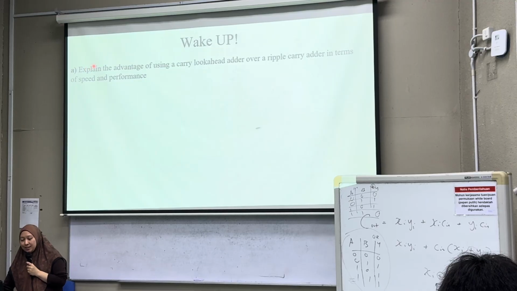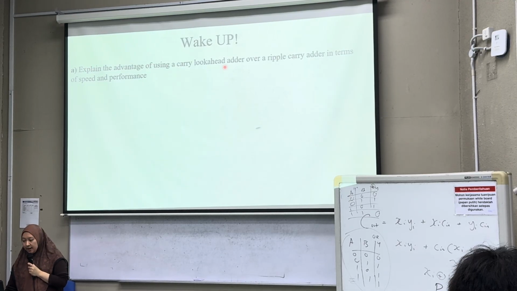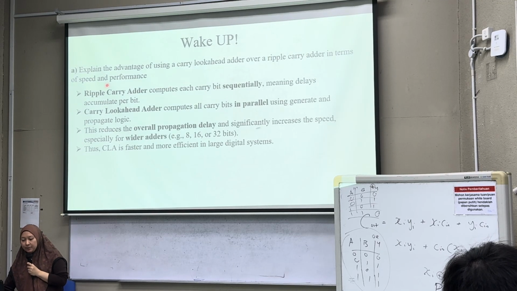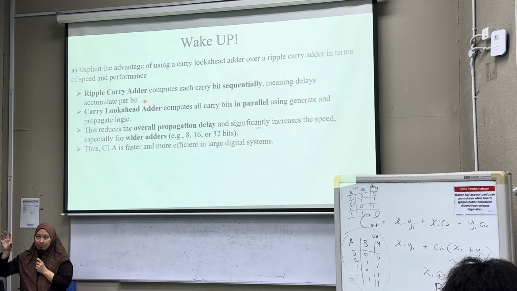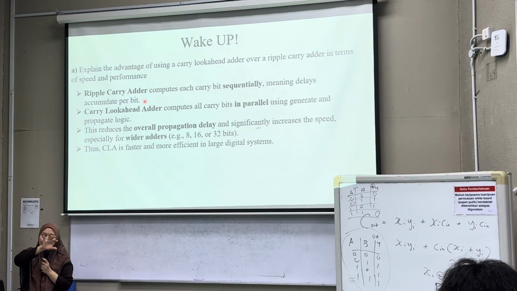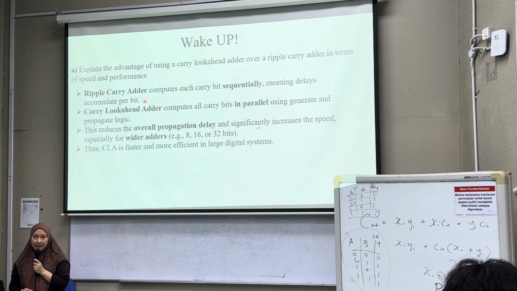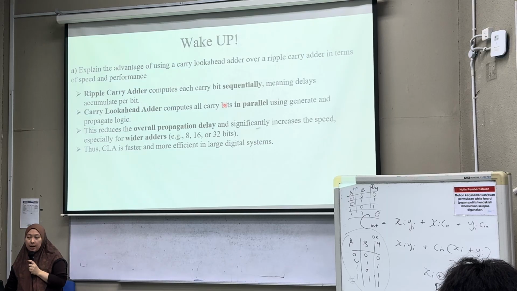Now A, explain the advantage of using CLA as opposed to RCA, or ripple carry adder, in terms of speed and performance. Ripple carry adder completes each bit sequentially, meaning delays accumulate at every bit. There are delays from one block to the other when it propagates along. That is the disadvantage of a ripple carry adder. For carry lookahead adder, it works in parallel.